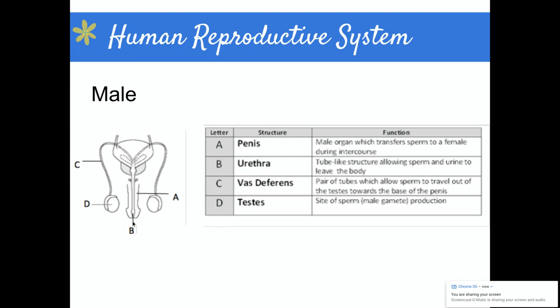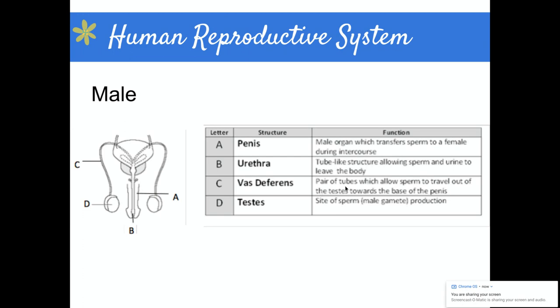The urethra is labeled as B. This is the tube-like structure that allows sperm and urine to leave the body. You can see the urethra leads here to the vas deferens that we'll talk about next, but also to the bladder. That's why pee and sperm can come out.